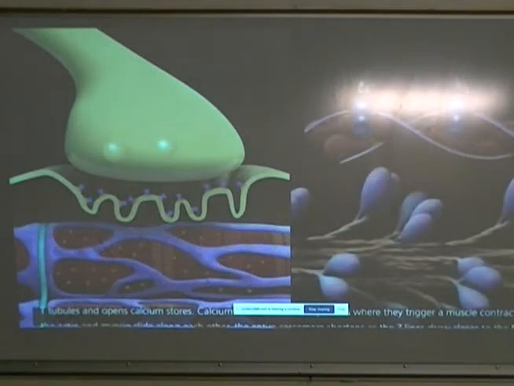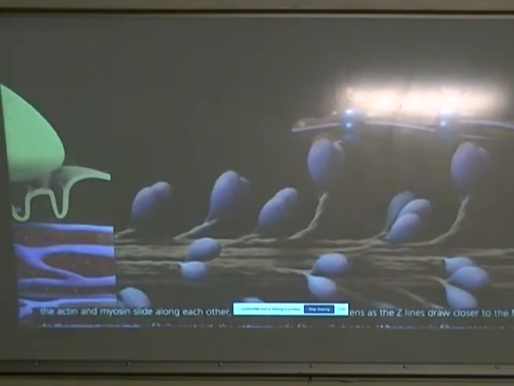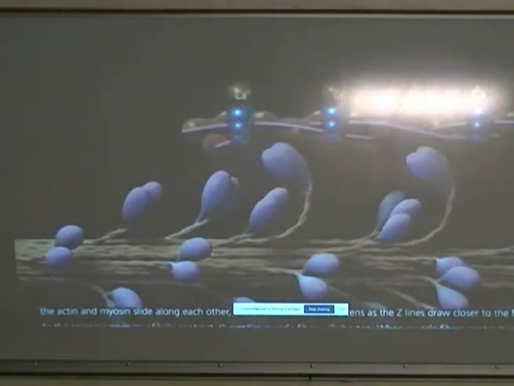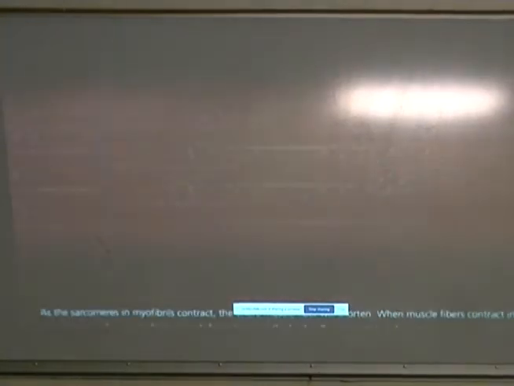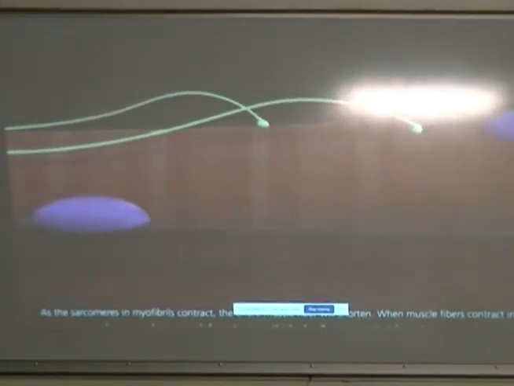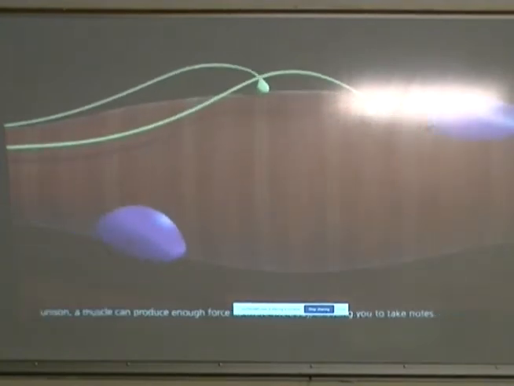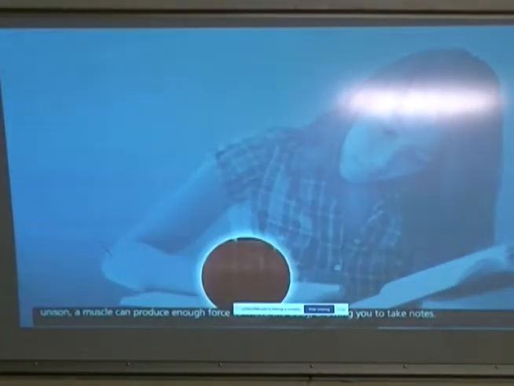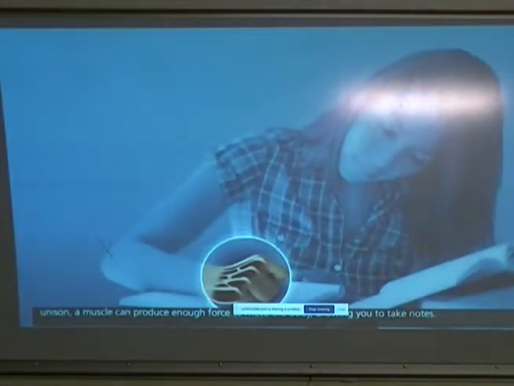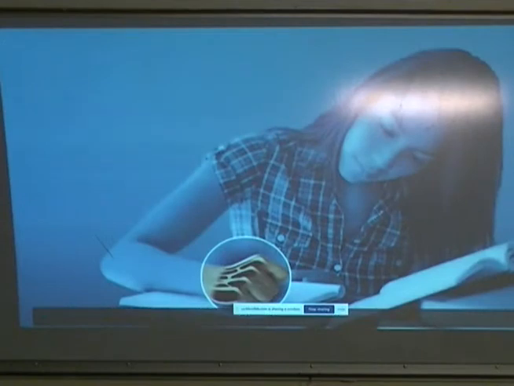Calcium ions flow to the myofibrils where they trigger a muscle contraction. As the actin and myosin slide along each other, the entire sarcomere shortens as the Z lines draw closer to the M line. As the sarcomeres in myofibrils contract, the entire muscle fiber will shorten. When muscle fibers contract in unison, a muscle can produce enough force to move the body, allowing you to take notes.